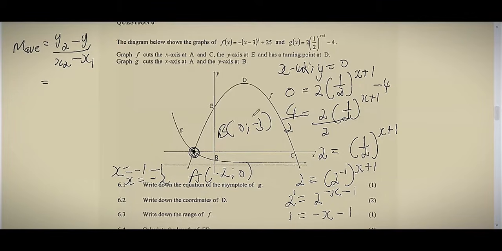If we are taking this as x2, y2, and then this is x1, y1, this is negative 3 minus 0, and then here we have 0 minus negative 2. So this would be negative 3 over 0 minus negative 2, that's positive 2, so negative 3 over 2. And that will become our average gradient, right? So this is how we find our average gradient.